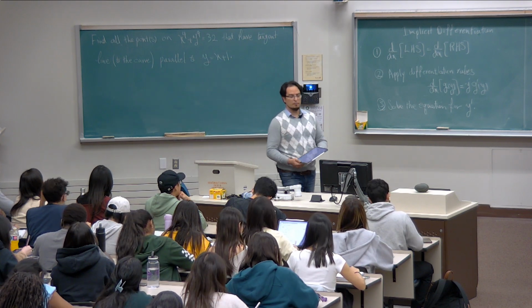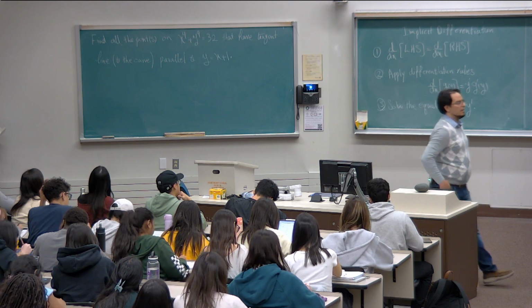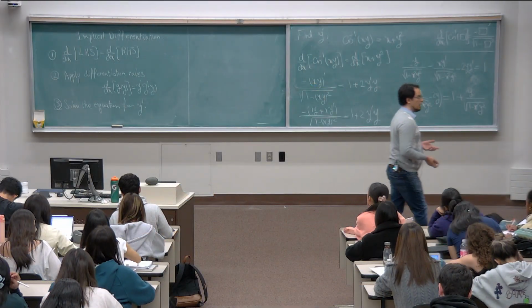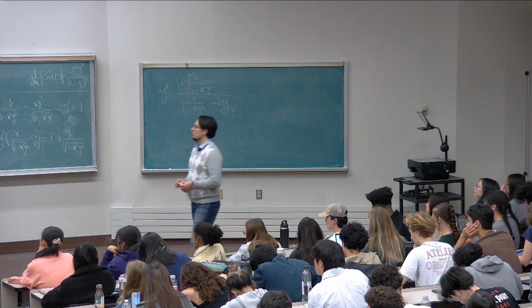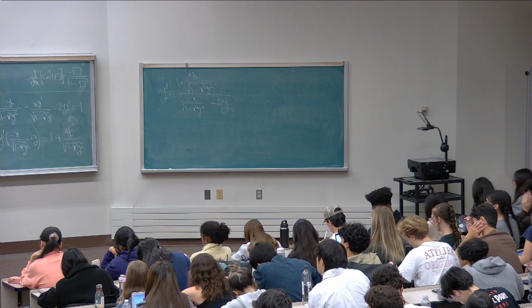Find all the points at which the tangent line to that curve is given by a line parallel to that given line, y equals x plus 1.